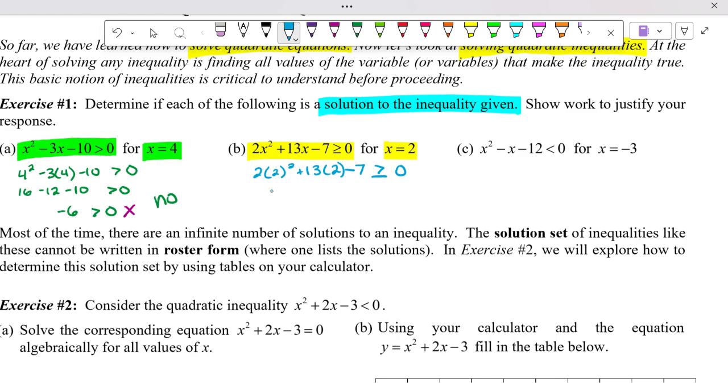Times 2? So this would be 8 plus, what's 13 times 2? 26 minus 7. So that would be 19 if you put that in your calculator. And is that greater than or equal to 0? Yep. So yes, x equals 2 is part of that solution set.